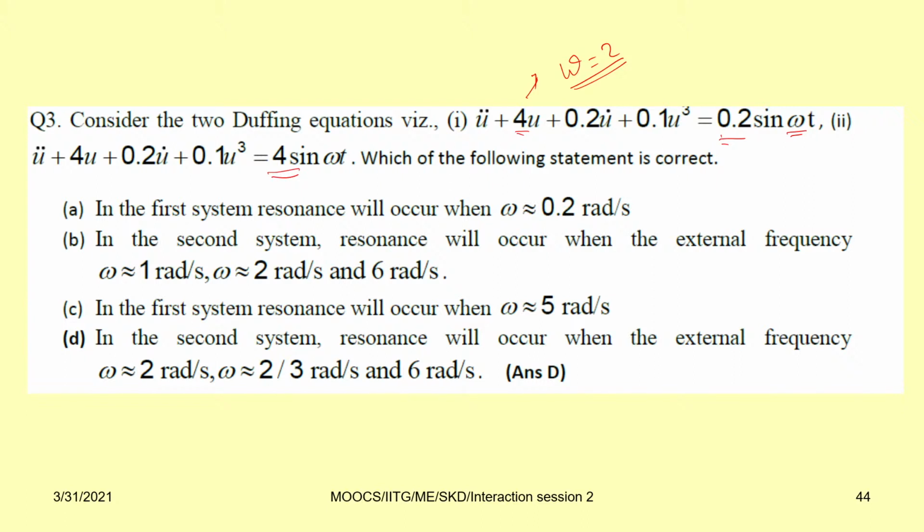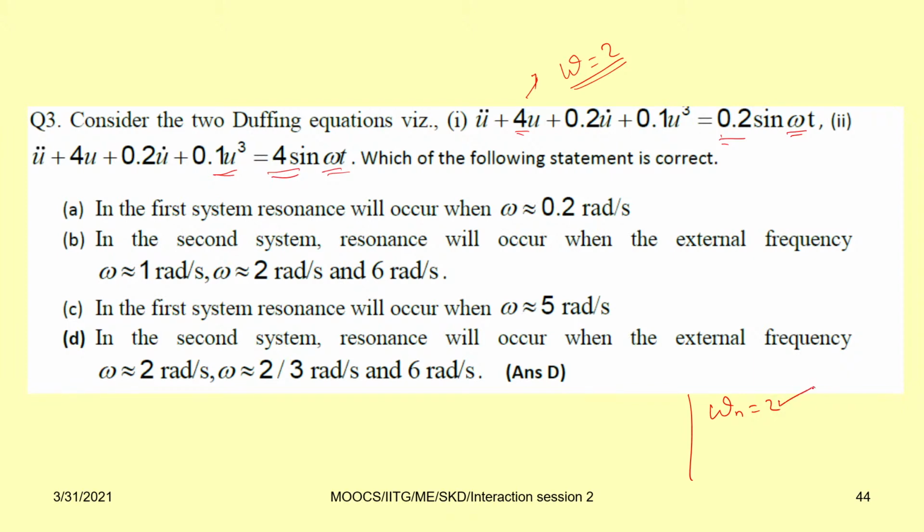In the second system, the resonance will occur when the external frequency is 1 radian. You just see that at 1 radian it will not have any of these three, because you have a cubic nonlinear system. As you have a cubic nonlinear system, your omega n equals 2, so you can have the superharmonic resonance condition, the subharmonic resonance condition and the primary resonance condition or simple resonance condition.